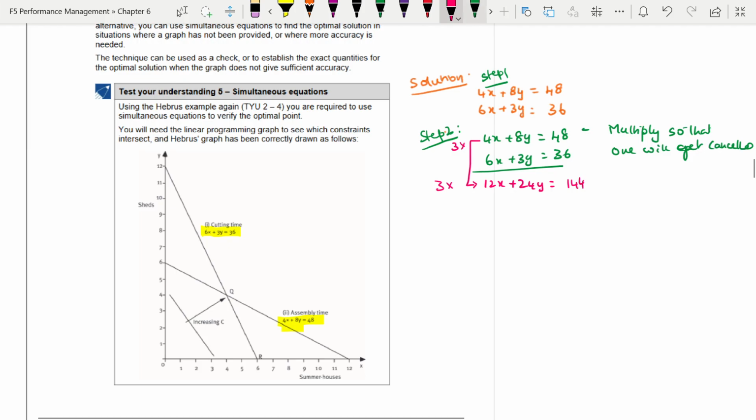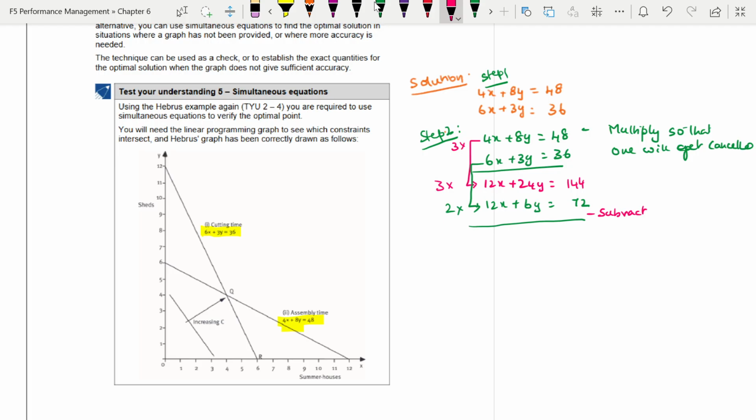Next, again you have to multiply. You have to make it uniform. It is up to us, but you multiply so that it will be easy. 2 into 6, 12x plus 2 into 6y equal to 72. Now, very slowly, first time you are doing this, you have to subtract.